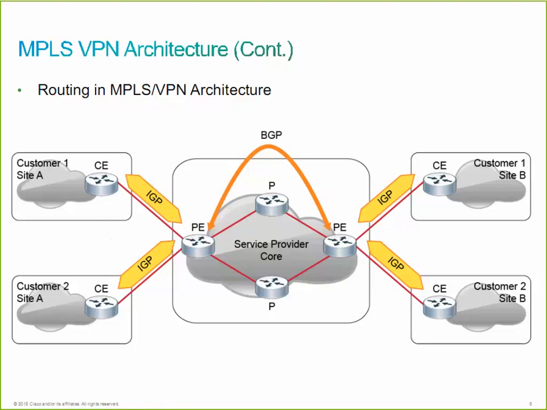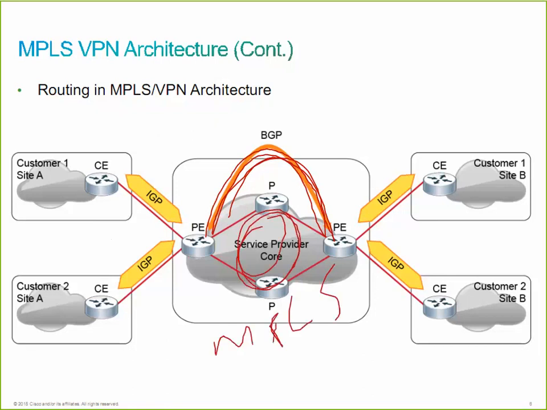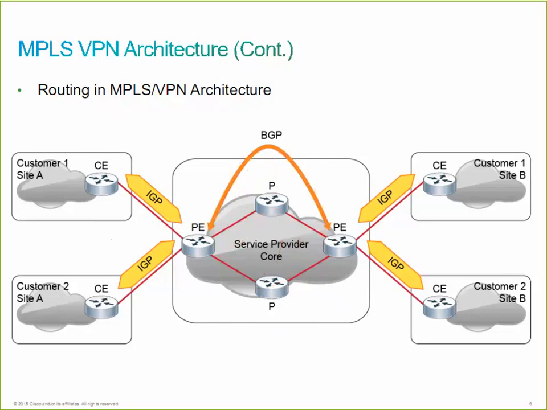So if you look at the diagram here, you can see how we have BGP running only between the two PE routers. This is where our MPLS is running inside the core. And by the way, it's not only MPLS that's running inside that core. There is also a core IGP running inside that core.